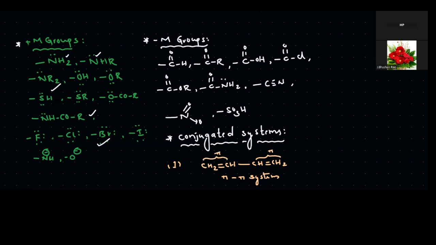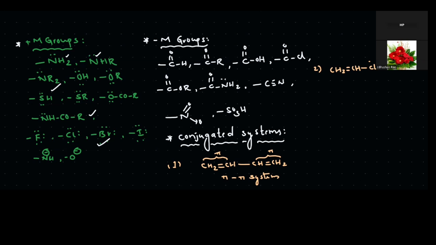Next, the second example: suppose CH2 double bond CHCl is given. Each chlorine has 3 lone pairs of electrons.